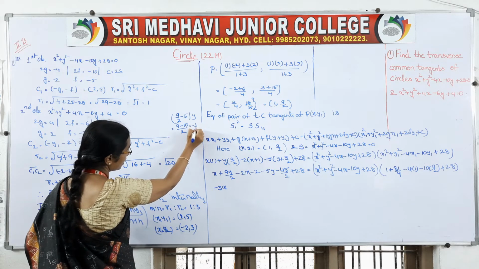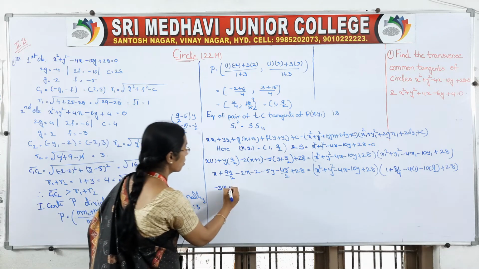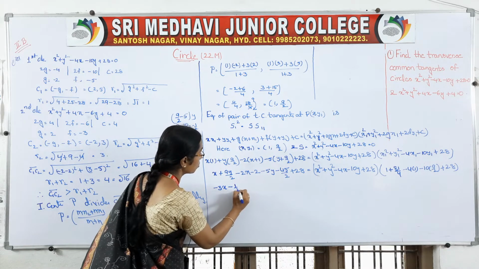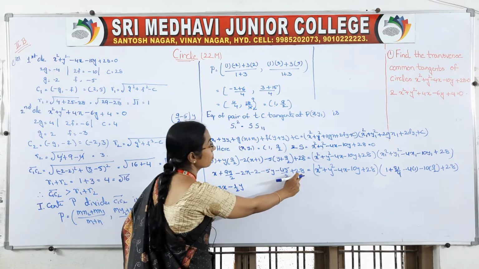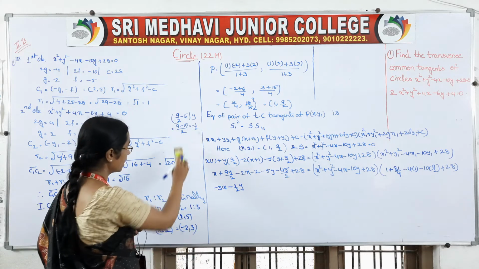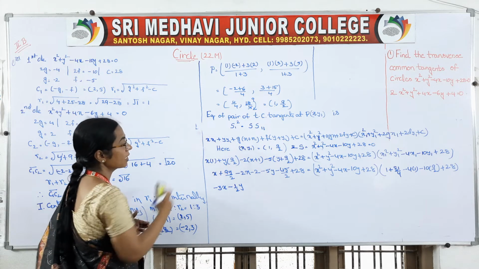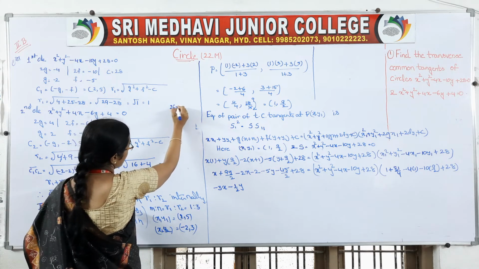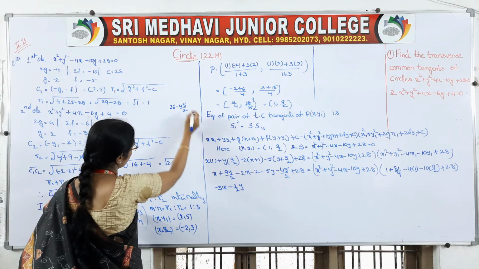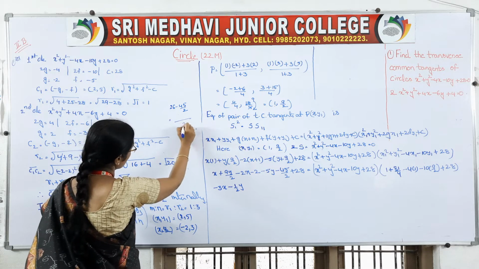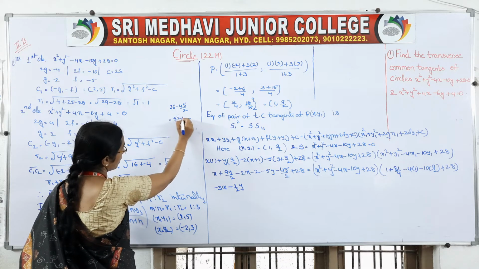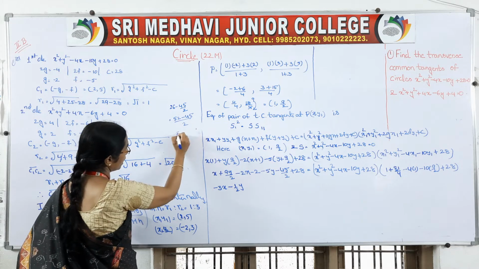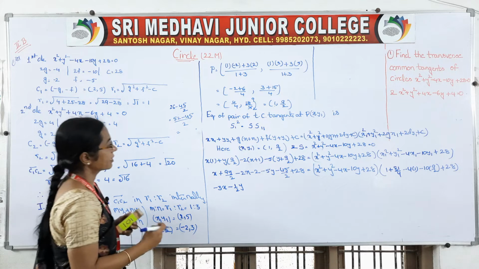So it is minus 1 by 2 y. Next, minus 2 plus 28 is 26, 26 minus 45 by 2. Taking the LCM, 2 is the LCM, 2 sixes are 12, 2 twos are 4, 52 minus 45. So it is 7.